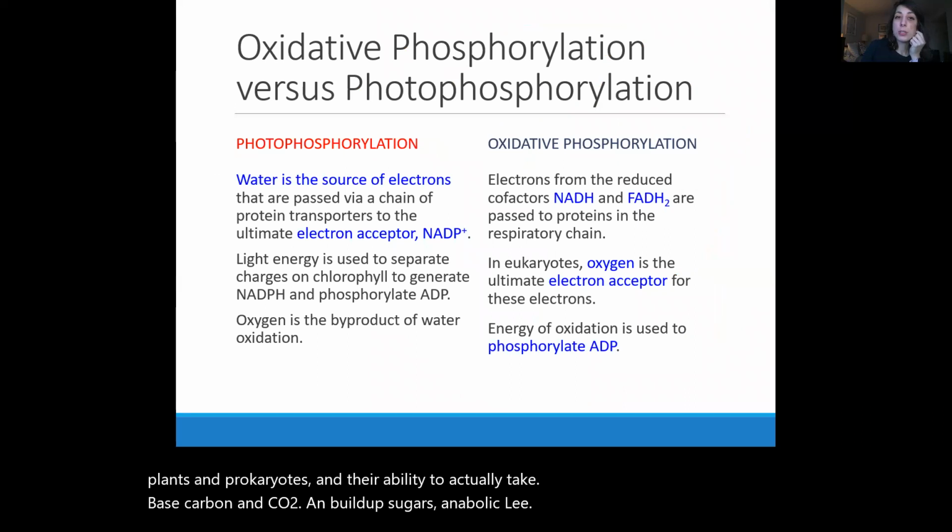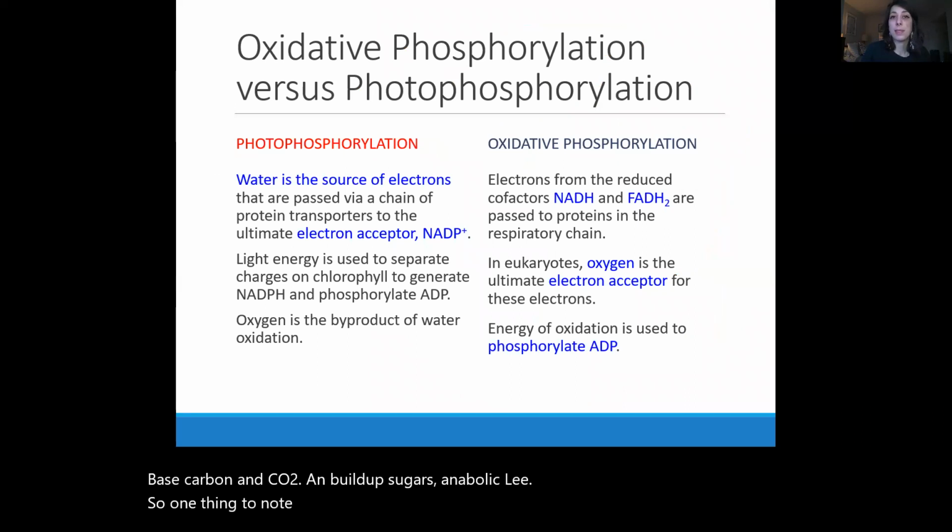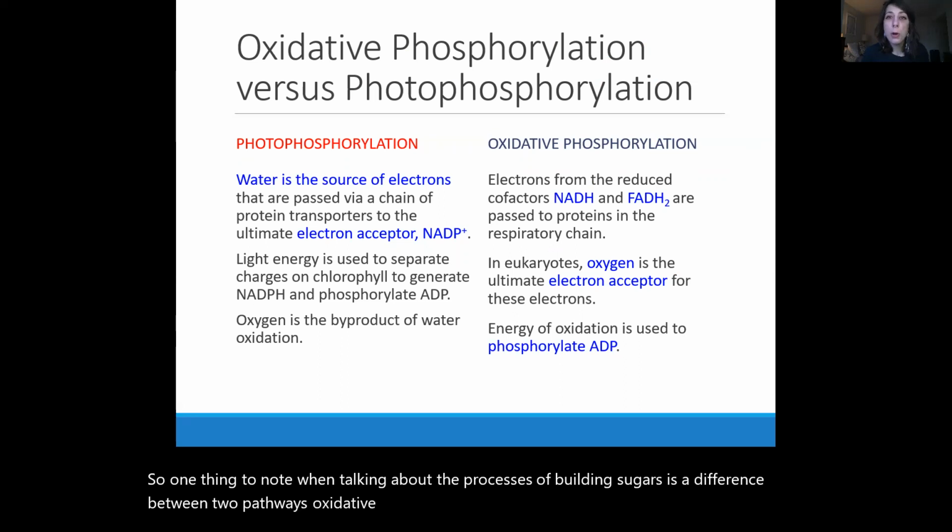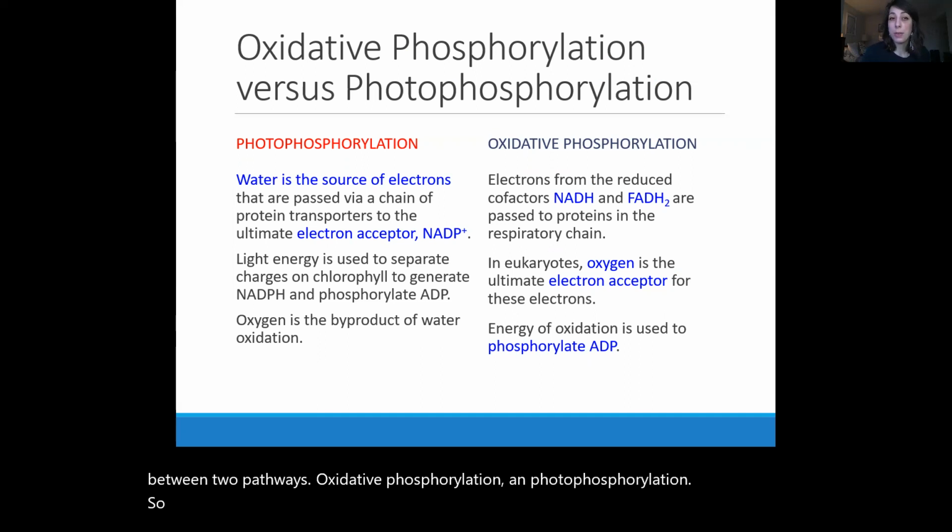So one thing to note when talking about the processes of building sugars is a difference between two pathways, oxidative phosphorylation and photophosphorylation. Oxidative phosphorylation, we just went through.